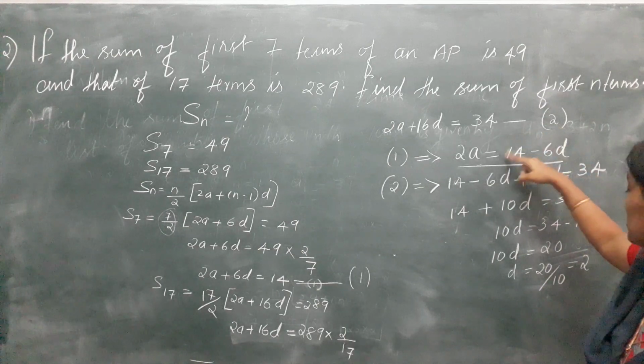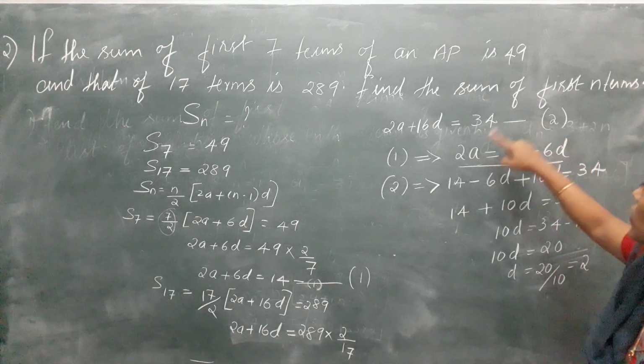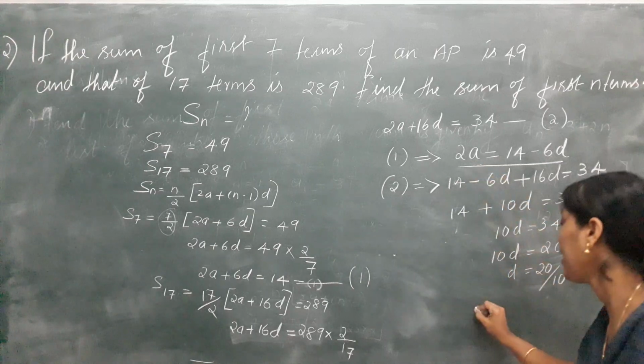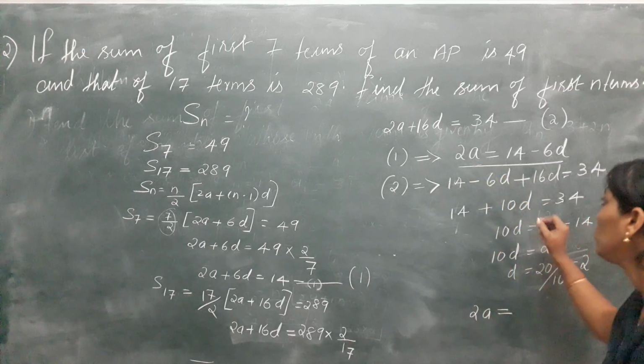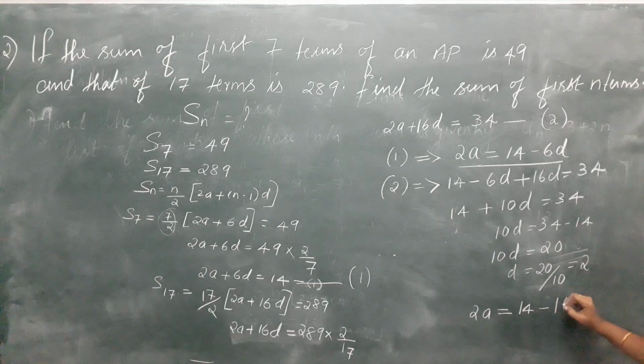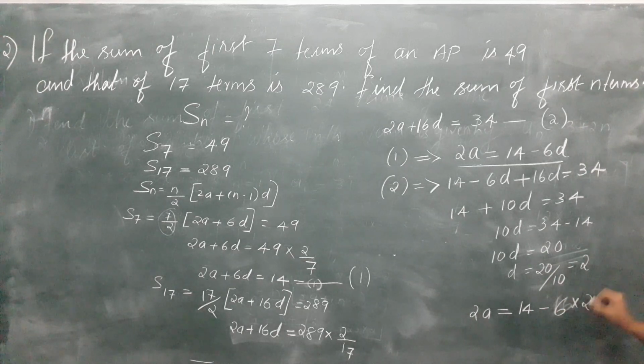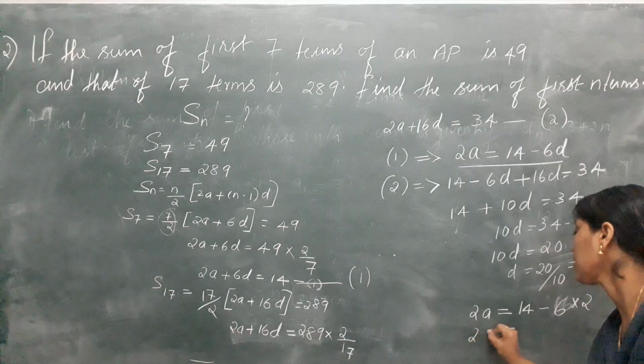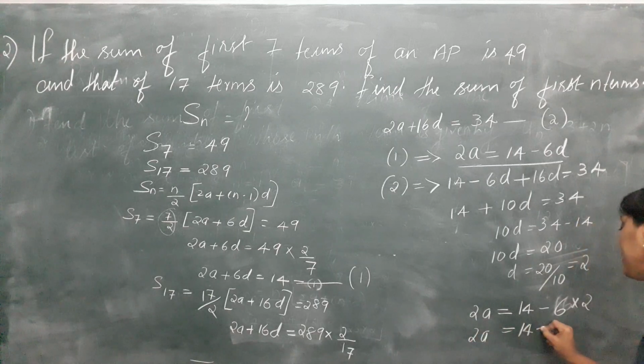So we are going to give this value of d as 2 here to get the value of a. So we get 2a is equal to 14 minus 6 into 2.